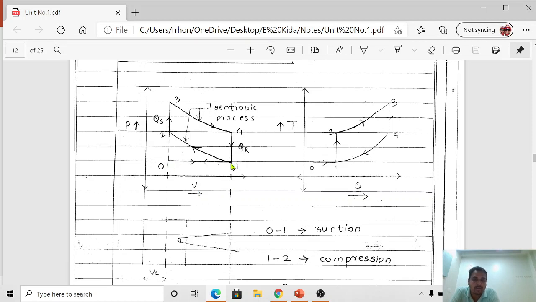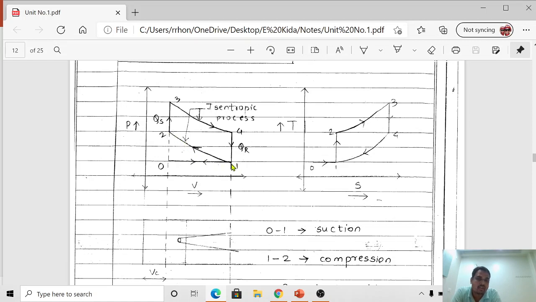Again, during the second process, the piston will move from bottom dead center to top dead center. This is indicated with the help of curve 1 to 2, and this is the isentropic compression process. Whatever air fuel mixture came inside the engine cylinder is going to be compressed, and that process is nothing but called the compression process.